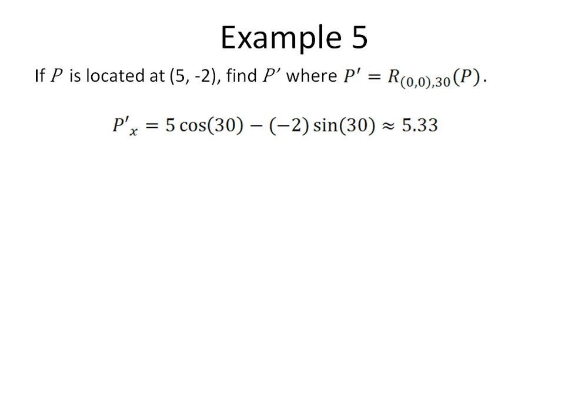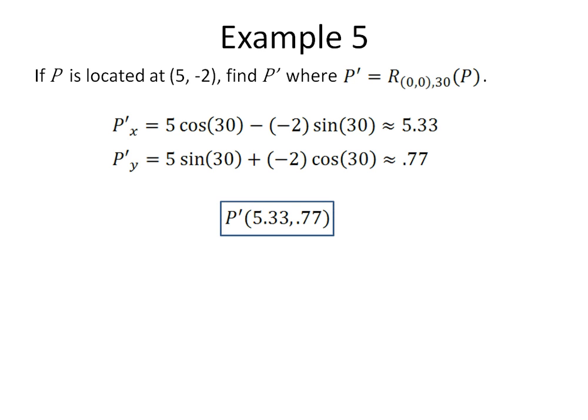The x coordinate is given by 5 cosine 30 minus negative 2 sine 30, which gives you approximately 5.33, and you can put this in the calculator exactly like it's written. P prime of y, the y coordinate, is 5 sine 30 plus negative 2 cosine 30, which is approximately 0.77. So the coordinates of P prime are (5.33, 0.77).